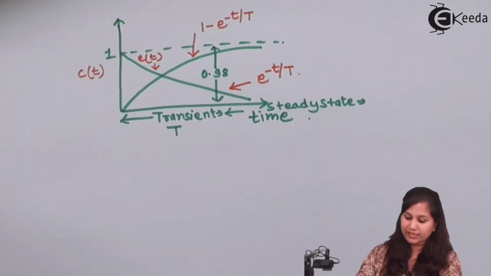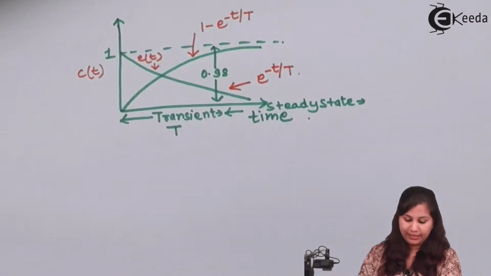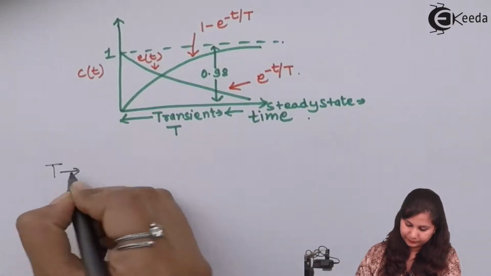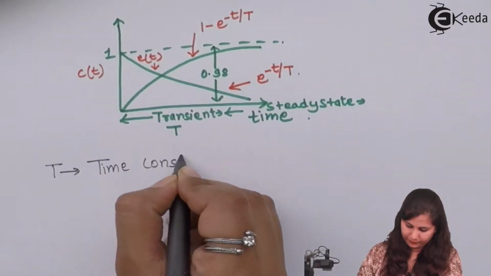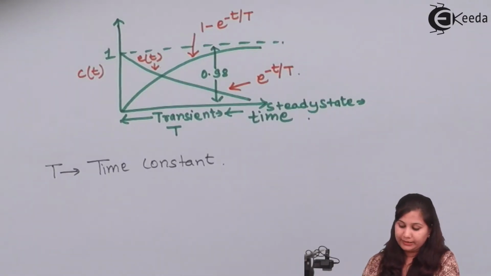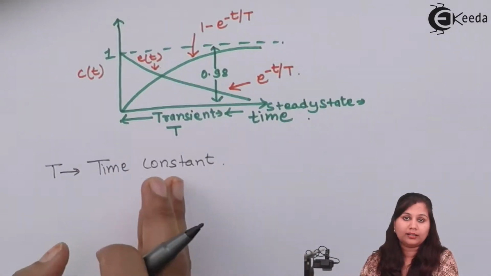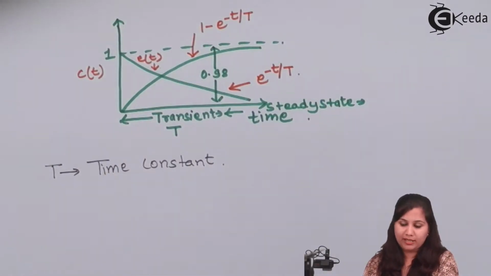Now here we have this term capital T. So what is this capital T? This is called the time constant. And this time constant is related to the speed of the system, that is, how fast the response of the system is. If the value of T is small, the response will be fast.